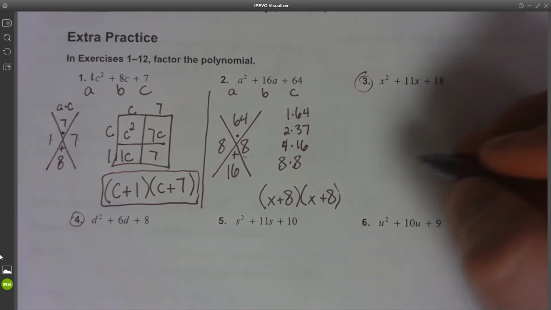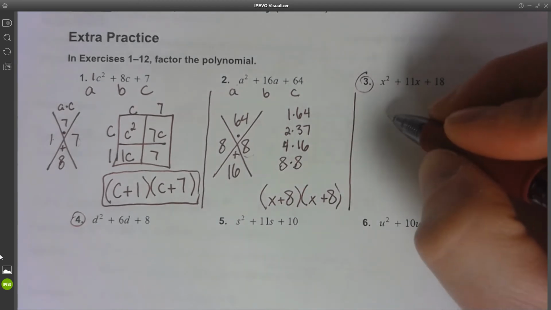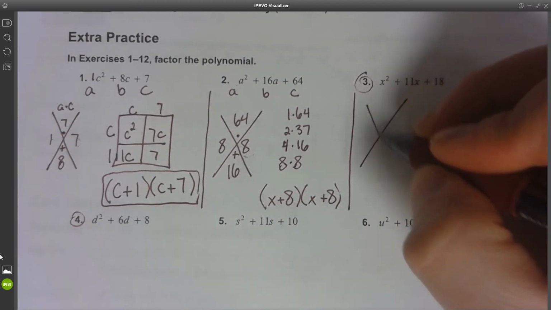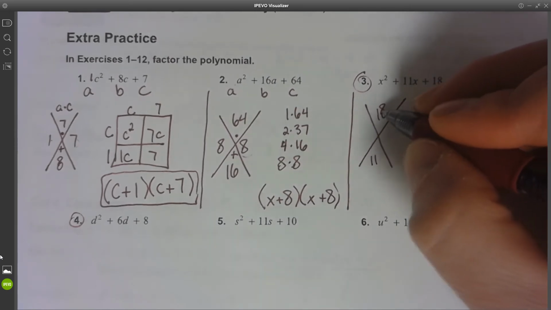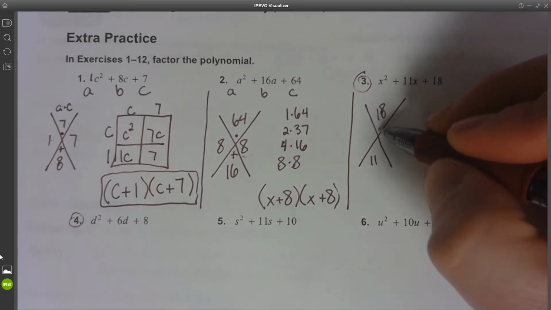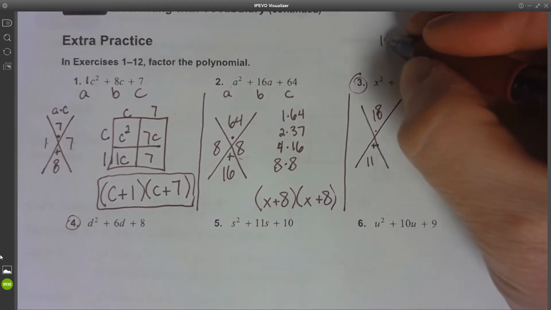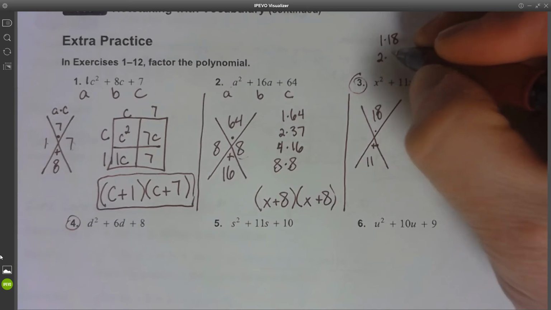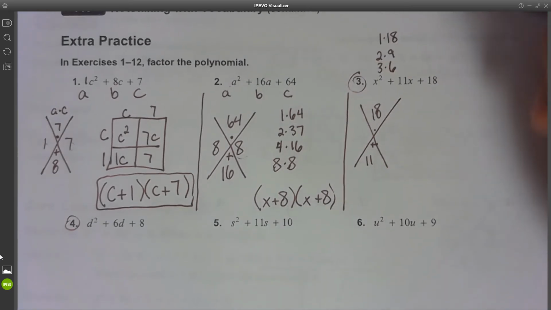So the end result for number 3, you've got 18 in the top, 11 in the bottom. What pair of numbers multiplies to 18 and adds to 11? Well, multiplying to 18 could either be 1 times 18, 2 times 9, 3 times 6, not 4 or 5.